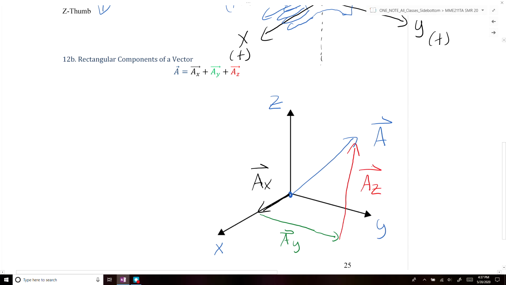If we add these 3 vectors together, we get our total vector, and this can be applied for any vector in an XYZ coordinate system.